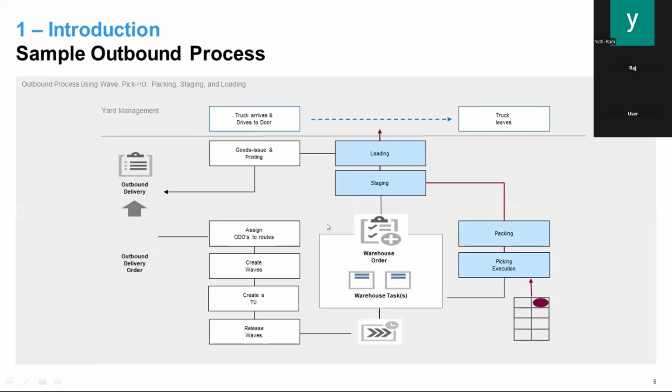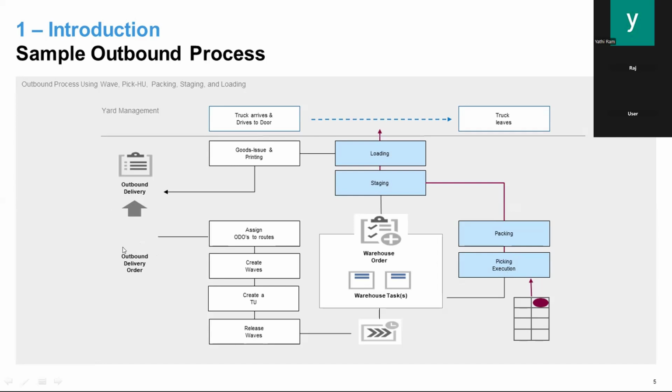This is a simple outbound process. You can see this is the yard. Let's assume the truck has arrived at the door. In the system, the outbound delivery is already created in the S4 system. This is the outbound delivery order, which is purely in EWM.